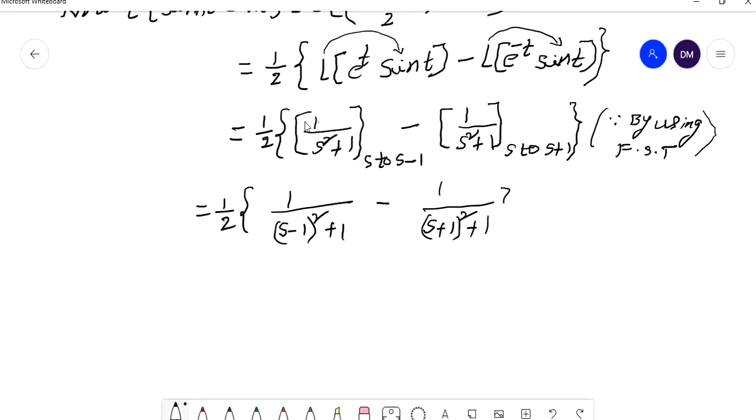So this is the value of L of sinh t into sin t.